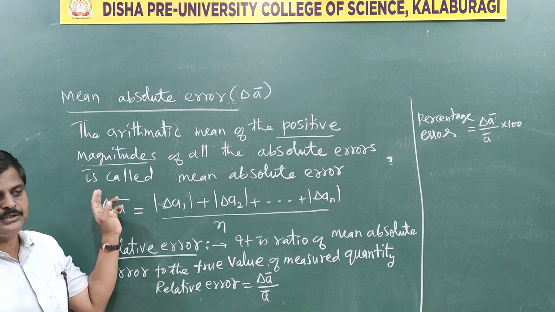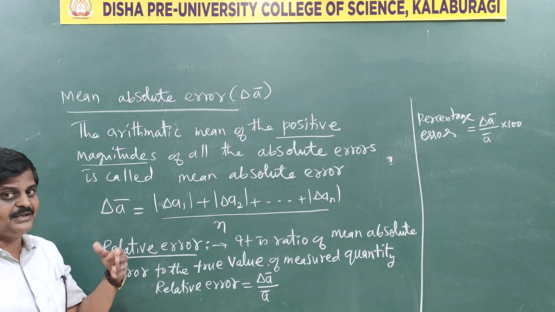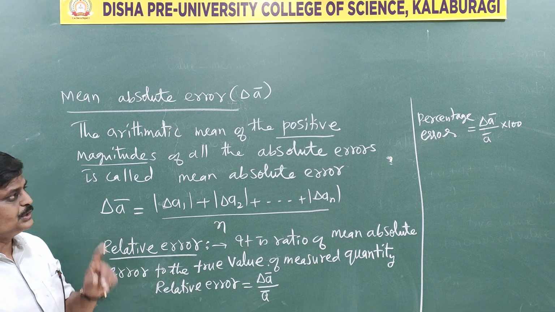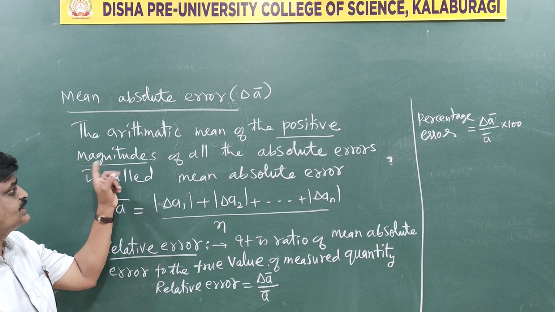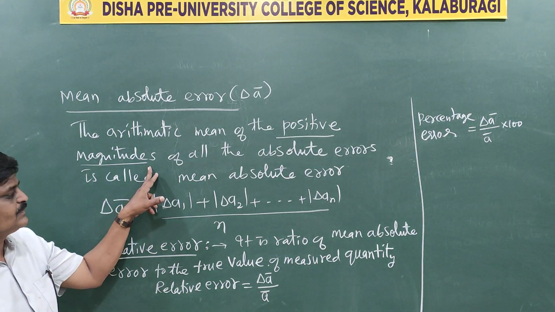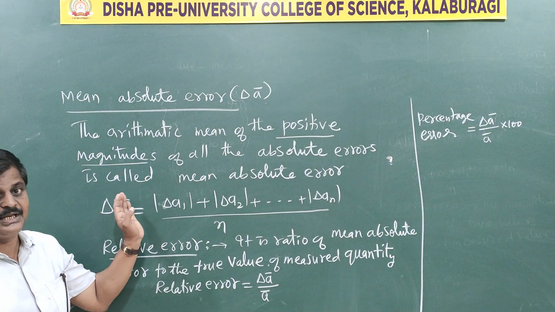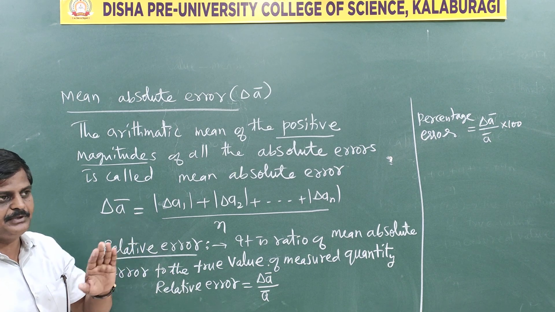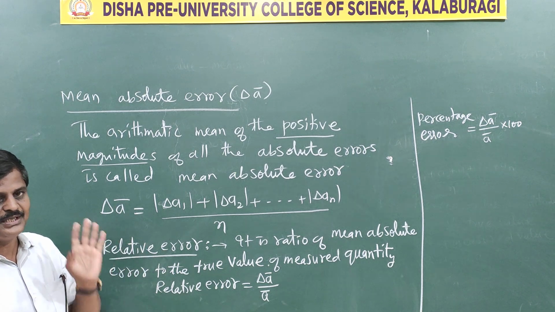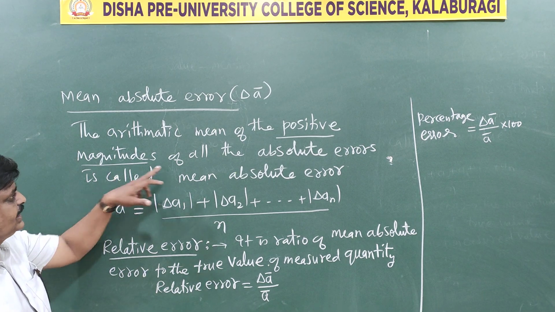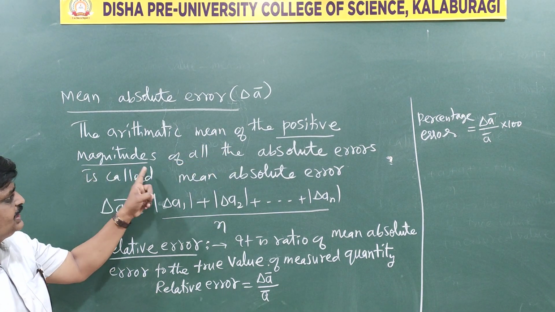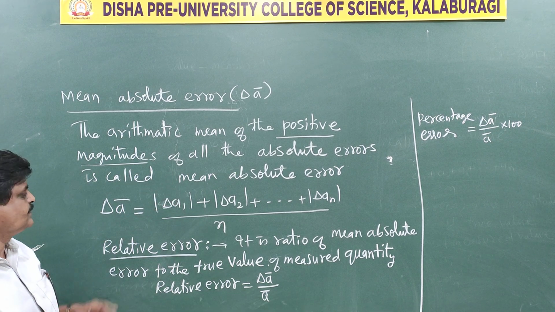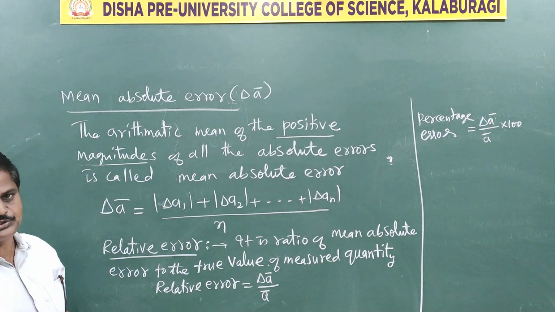Sometimes you may get a positive, sometimes a negative, but you have to take the modulus, in the sense of positive magnitudes. Errors never get subtracted; they are always added. That is why we take the mean of the positive magnitudes of all absolute errors, which is called the mean absolute error.